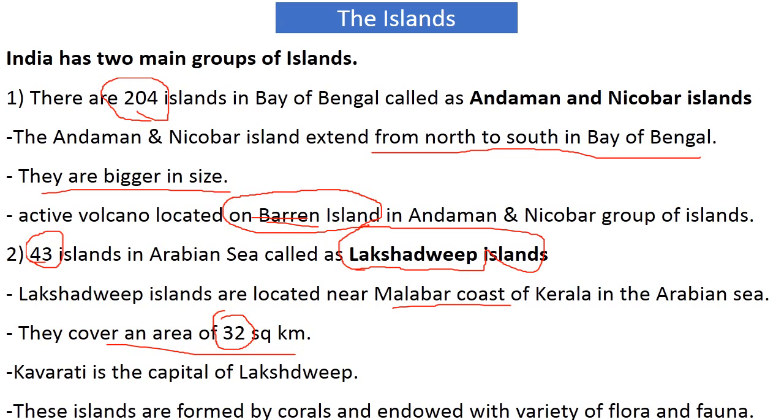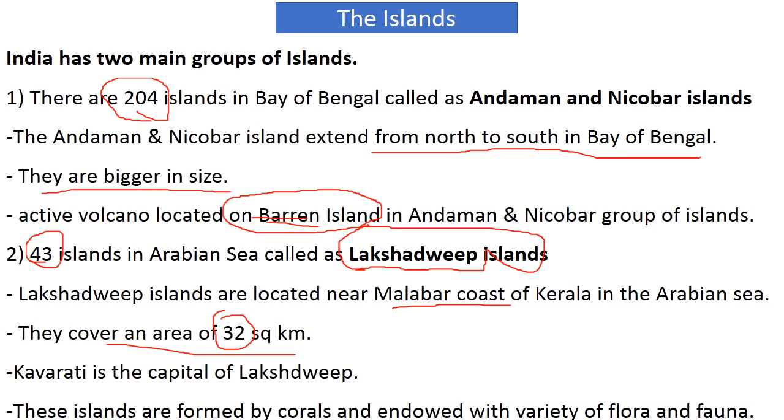The Andaman and Nicobar Islands extend from north to south in the Bay of Bengal. They are comparatively bigger in size than Lakshadweep and Kavaratti. An active volcano is located on Barren Island. This is the best example of an active volcano in India.